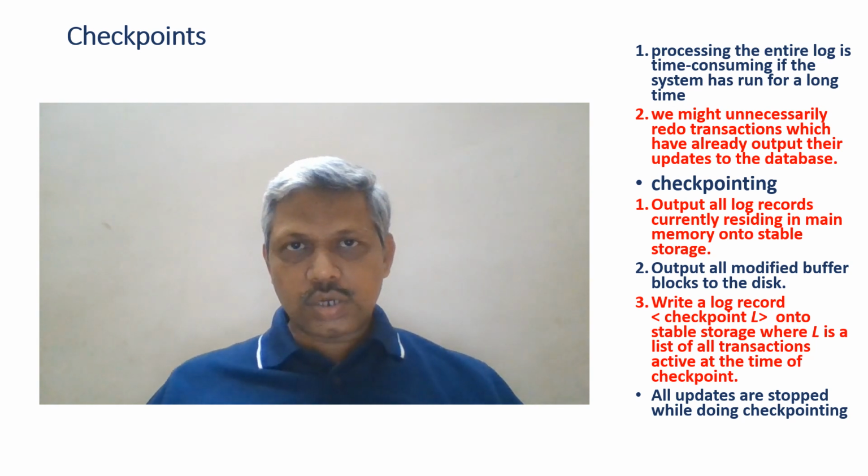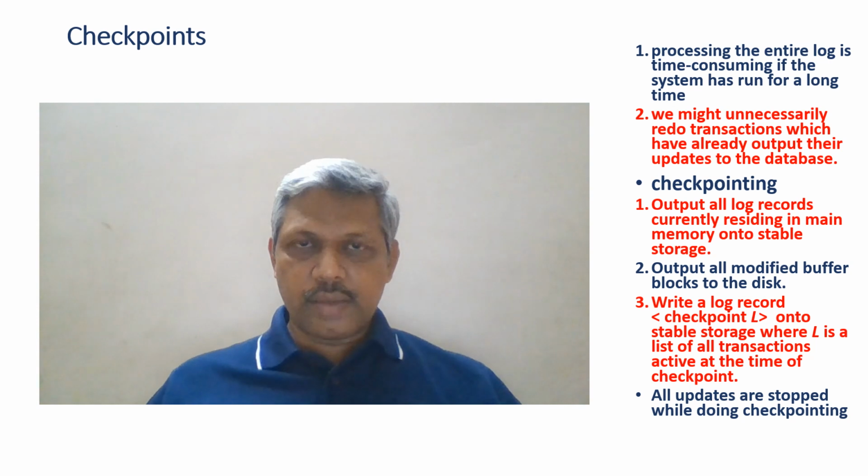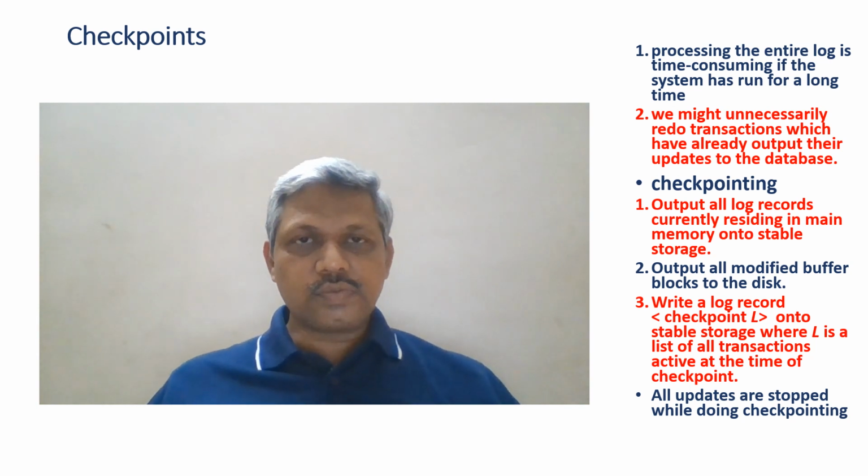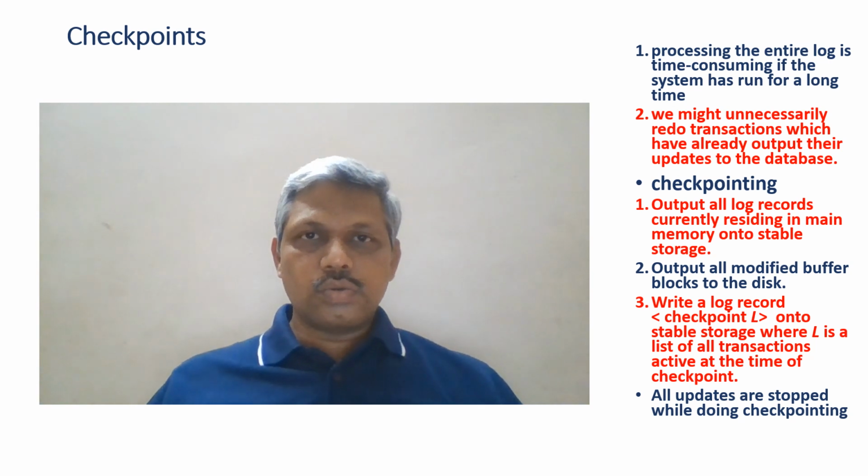If you go back to the starting of the log records, it's a waste of time and energy, because we have already done something and it is already transferred to the stable storage, and we may be unnecessarily redoing all those things. So there should be a mechanism to identify up to which point the database is perfect and from which point we need to redo or undo the actions of the transactions.